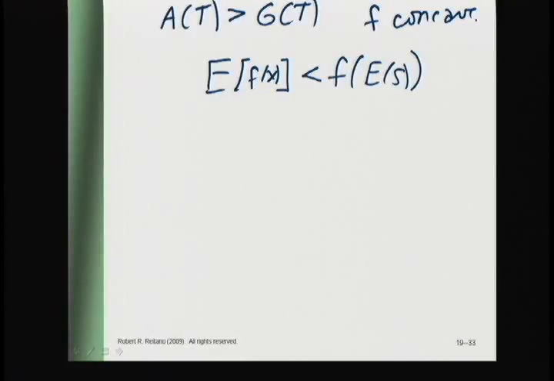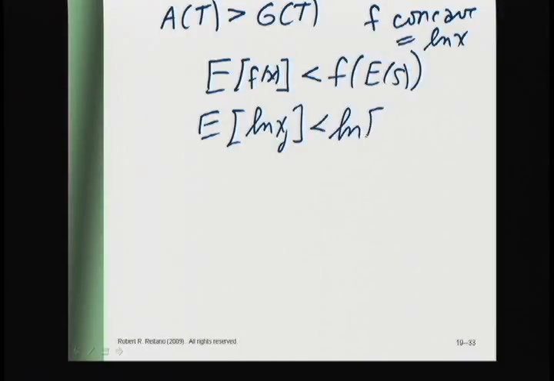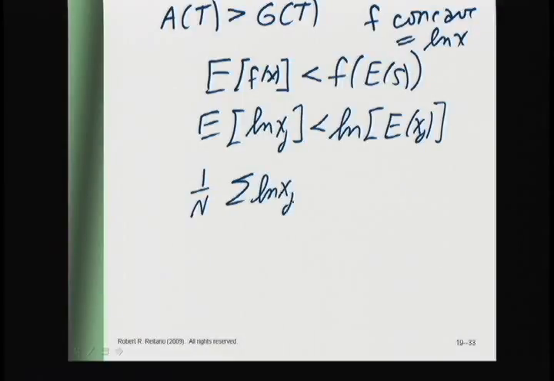So here, the function we're interested in is log x, which is concave. And so what Jensen's would say is that the expected value of a sample of log xj is smaller than the log of the expected value of xj. If I just assume a random sample of x's, the expected value of the log of xj is 1 over n times the summation of the log of xj.